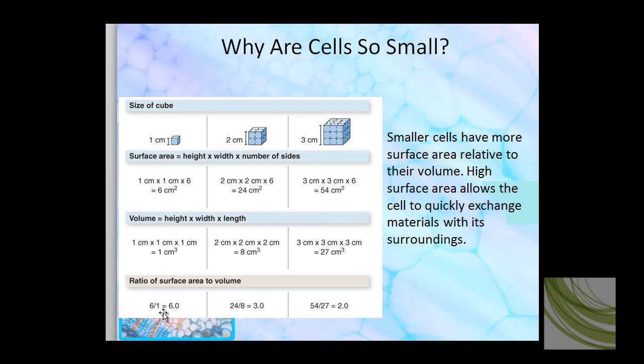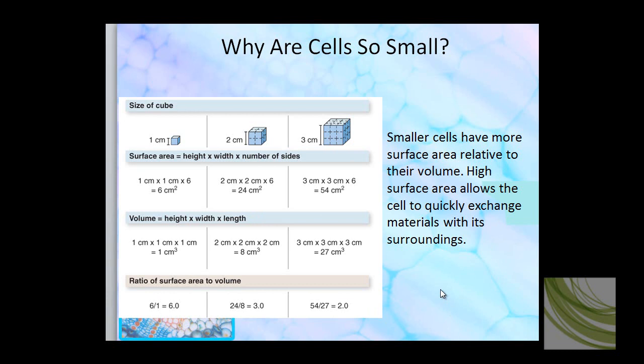So there is 6 times more surface area per unit of volume. So for each unit of volume, there would be 6 units of surface area. And it continues to drop as you get larger. And that is one of the things that causes cells to divide.